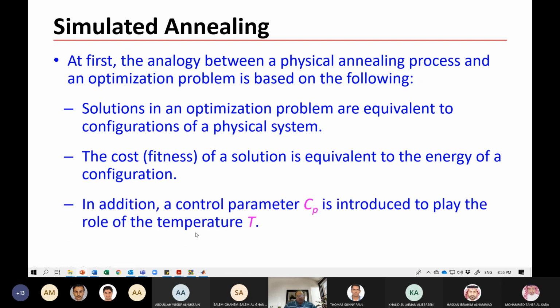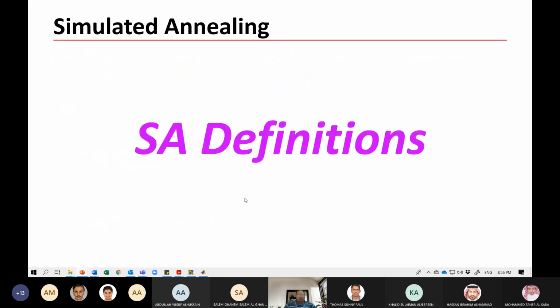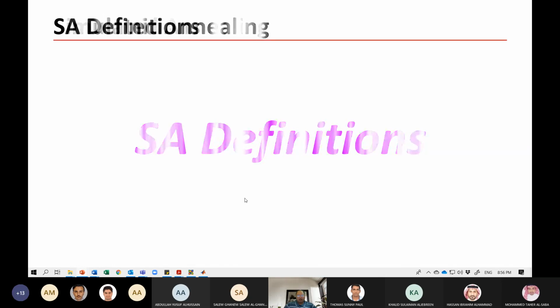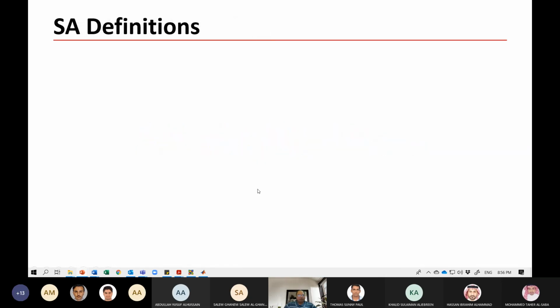In addition, a control parameter is introduced to play the same role as temperature. We will cool down, decreasing the temperature, and also decrease this control parameter with iterations. So this is the analogy between simulated annealing and physical annealing.